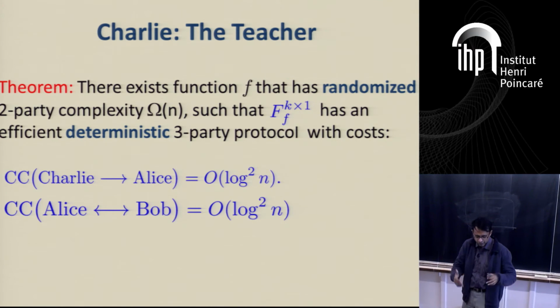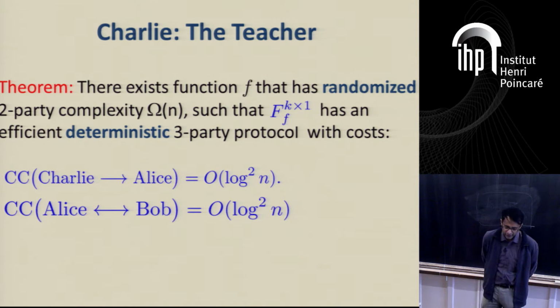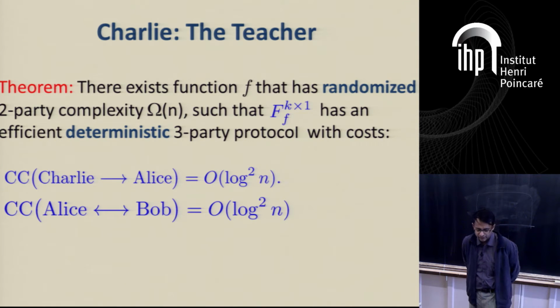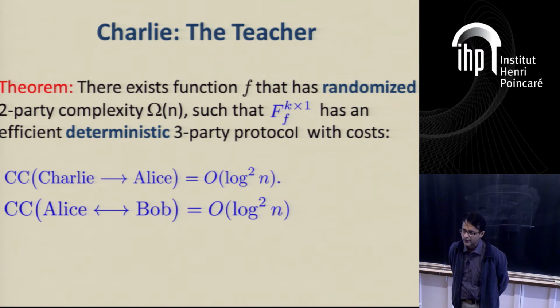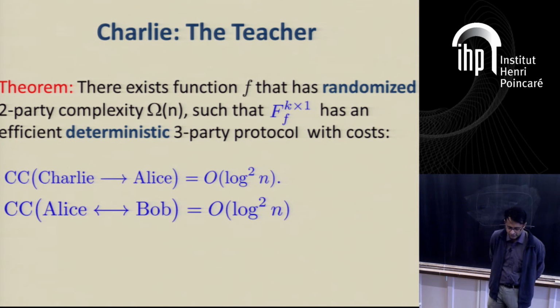And so we take recourse to formal notions from computational learning theory, and then we are able to show that there exists a function f that has randomized two-party complexity as high as possible, like set disjointness, omega n, but the advice version of this problem has super efficient deterministic protocols, in which Charlie sends order log square n bits of advice, and then Alice and Bob only need to communicate order log square n bits.